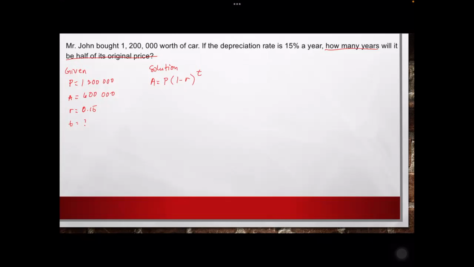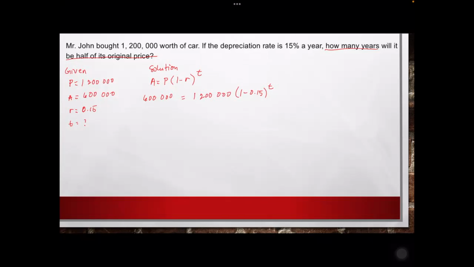So, magkakaroon tayo dito ng 600,000 is equal to 1,200,000. Then, 1 minus 0.15 raised to T. So, simplify lang muna natin yung 1 minus 0.15.